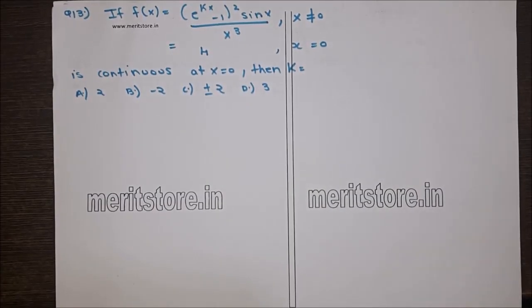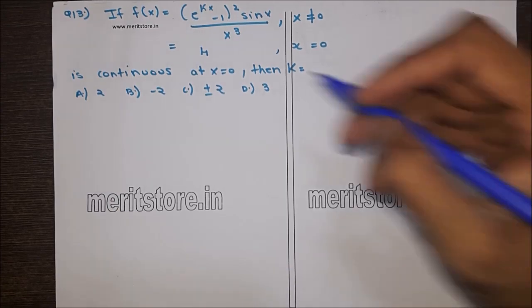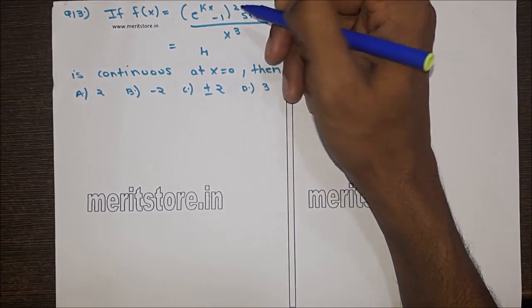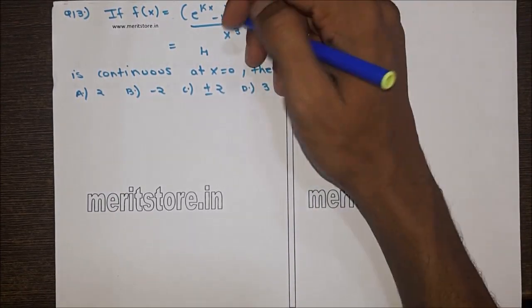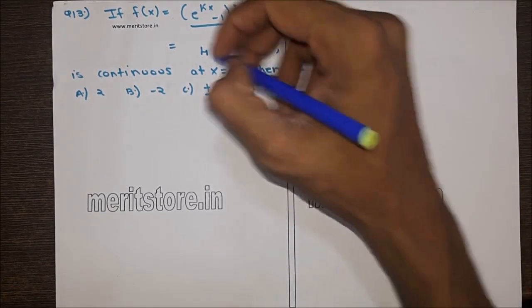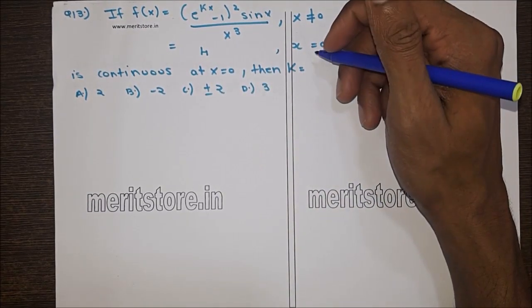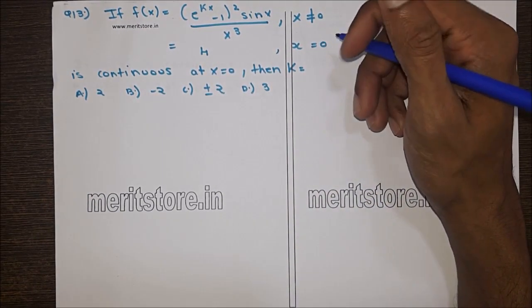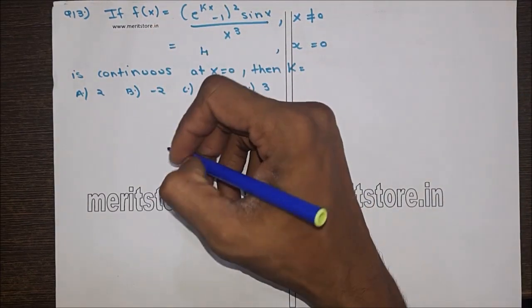Question 13. If f of x equals (e^(kx) minus 1) the whole squared times sin x upon x cubed, where x is not equal to 0, and 4 for x equal to 0, is continuous at x equal to 0, then k equals, we are given 4 options.